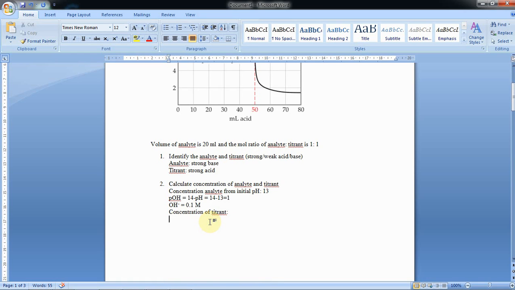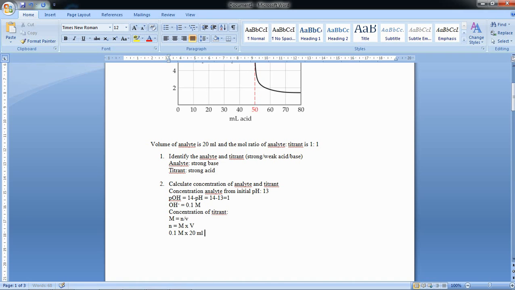So we know that molarity equals mole per volume. Therefore, the mole is M times V. This is the origin of those formulas. So the mole of the analyte is the same as the mole of titrant: 0.1 molar of the analyte times 20 milliliters.